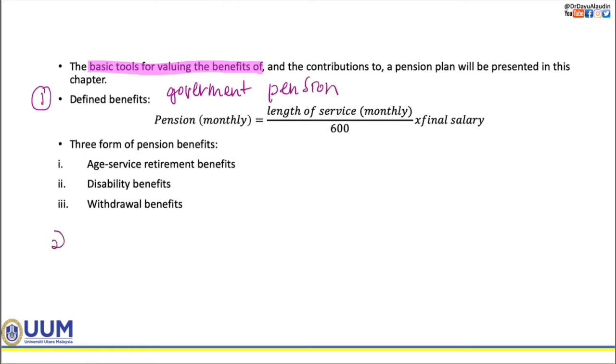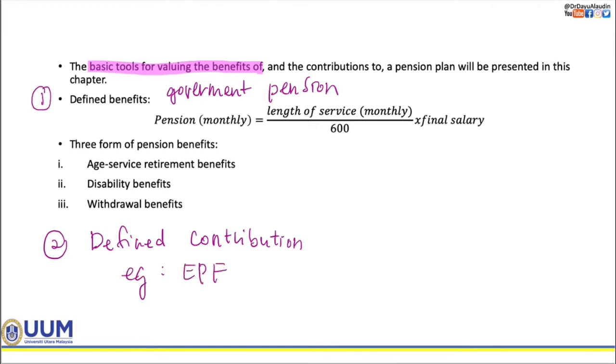And the second one is defined contributions. In our country, this is the EPF for private sector employees, or government servants who choose to contribute to the EPF. In this course, we just cover the defined benefits.